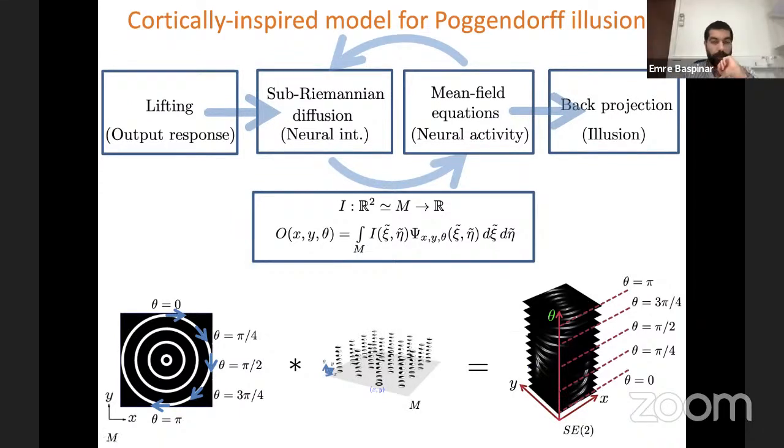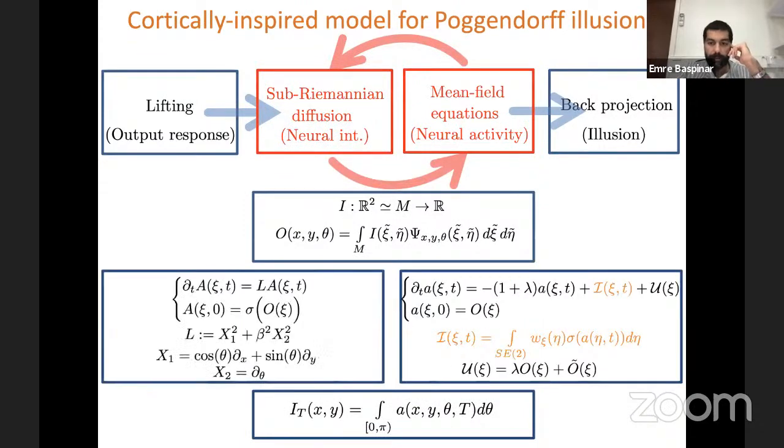Okay, no problem, thanks. What we propose is that the lifting is exactly the same, but in the second step, we replaced the neural interaction term, calligraphic I, which was modeled as the convolution in the previous setting of Bertalmio et al., with a sub-Riemannian heat diffusion iterative procedure, where L is the sub-Riemannian heat diffusion operator, which is expressed in terms of the horizontal vector fields X1 and X2, and a coefficient beta, which guarantees the unit coherency.